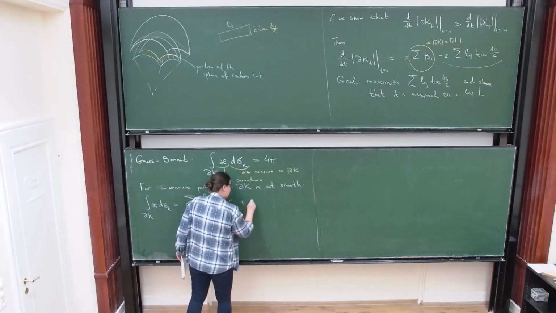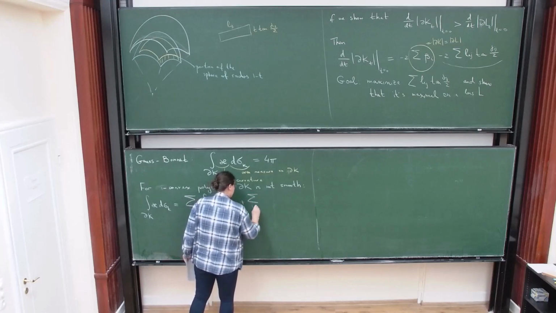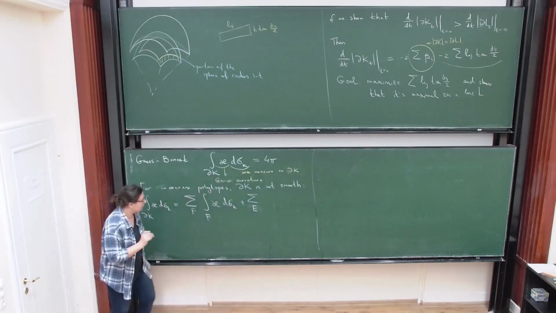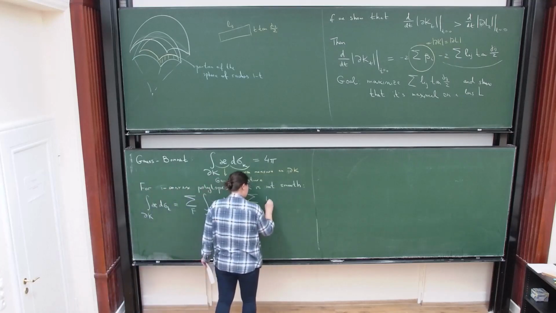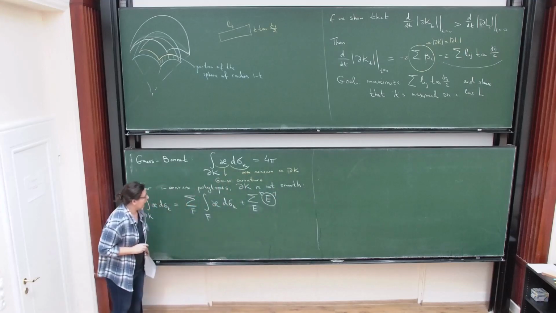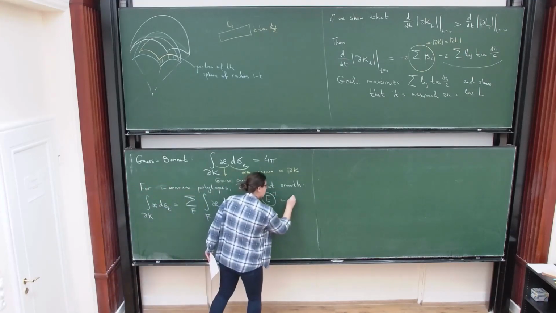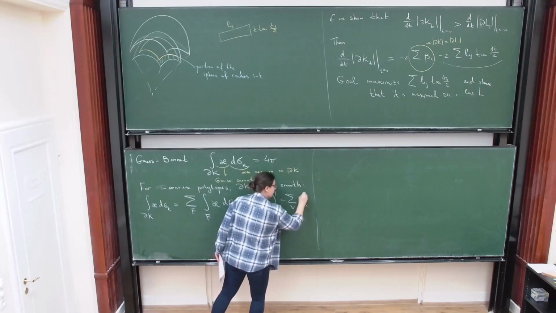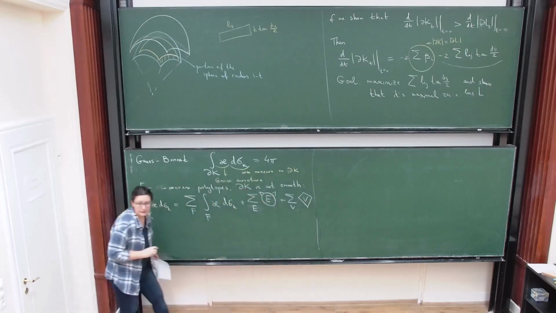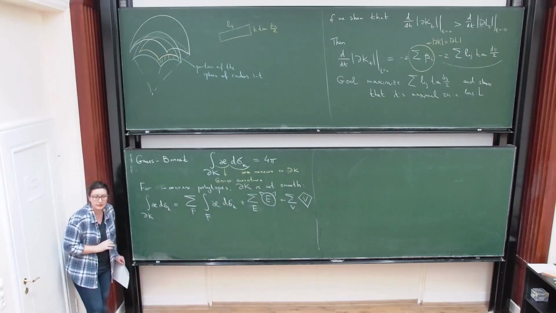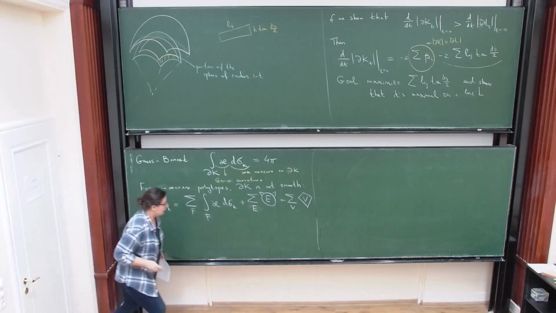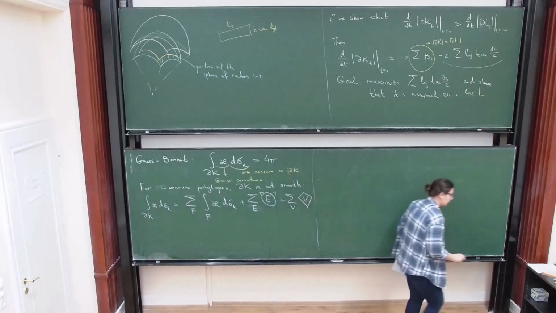Now I will need to integrate over the edges, and let me put something here that corresponds to the edge, and then we will write what it is. And then I also need to integrate over the vertices. Again, let me put something here for vertices. We are going to determine what those are. Okay? So now we need to compute these parts.